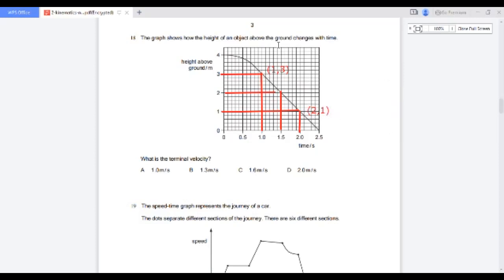Now if I calculate the gradient, it is y2 minus y1 over x2 minus x1.